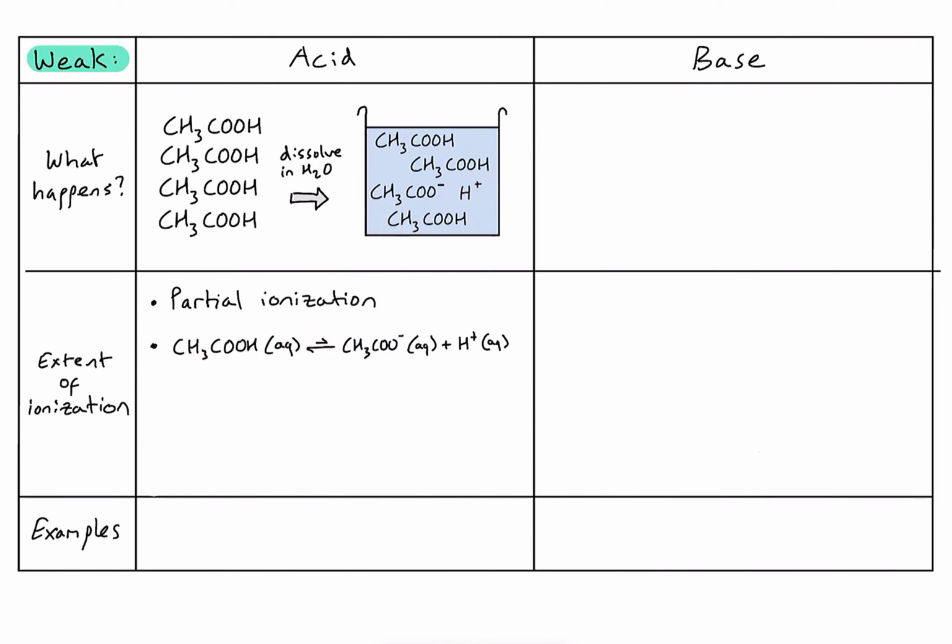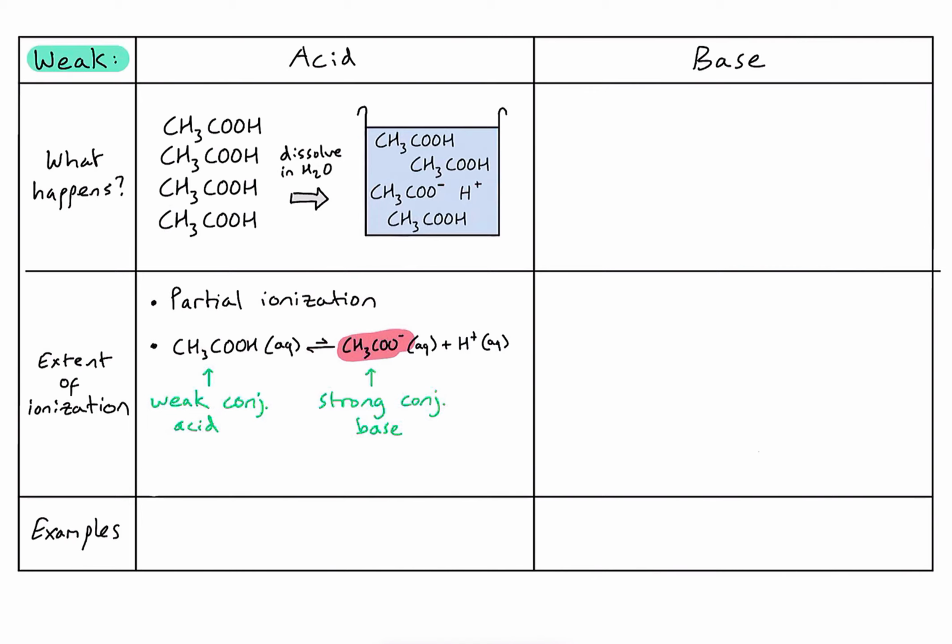So when we're talking about weak acids and weak bases, we can actually consider the conjugate acid-base pairs in solution and consider their relative strengths. So on the left-hand side, we've got a weak conjugate acid, which is our ethanoic acid. And therefore, if that is a weak conjugate acid, the conjugate base must be quite strong.